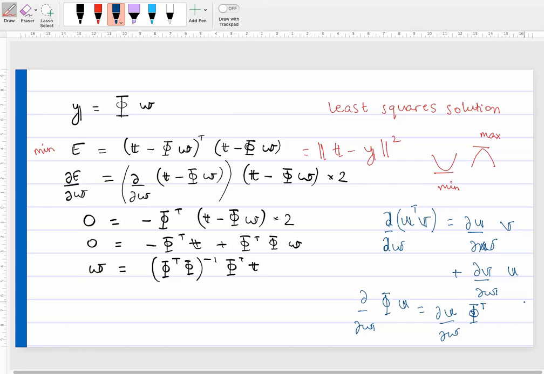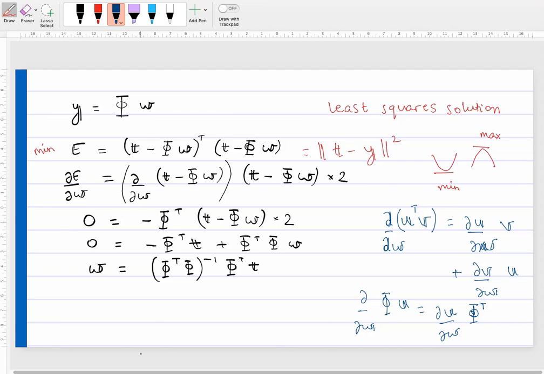Okay. You can also see the dimensions. So let us say my phi is m cross n, then U has to be n, and my W is n cross 1. So when I differentiate this n with this n, this becomes n cross m. So in this way, my dimensions are consistent. You can do this. In case you don't understand, we can go over it once again, but this is simple.